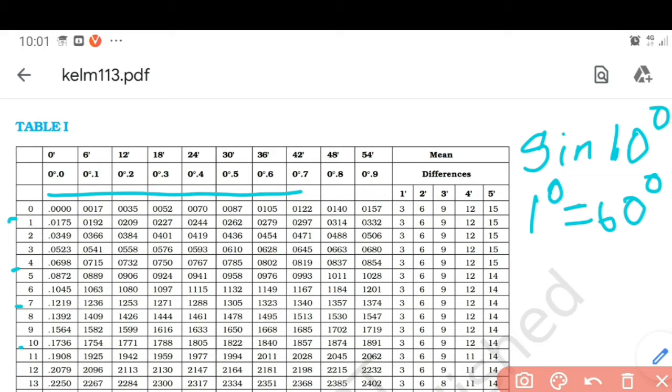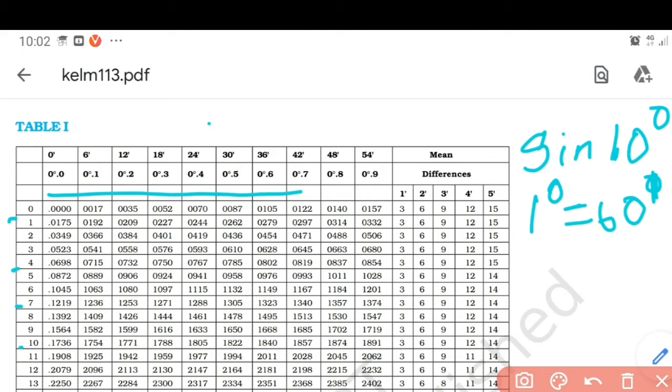So 6 minute is the same as 0.1 degree, 12 minute is the same as 0.2 degree, 18 minute is the same as 0.3 degree, and so on. This relation you have to keep in mind. It's not 60 degree, it is 60 minute. So 1 degree is equal to 60 minute.